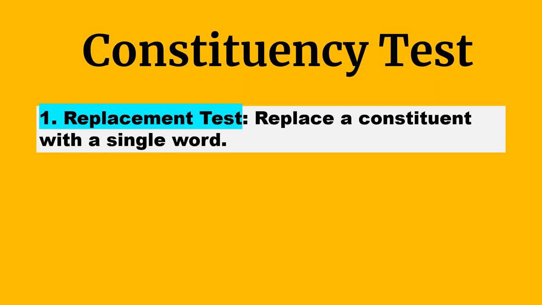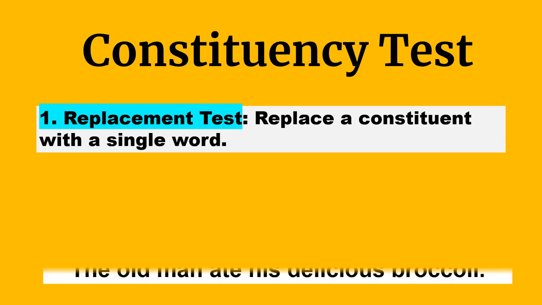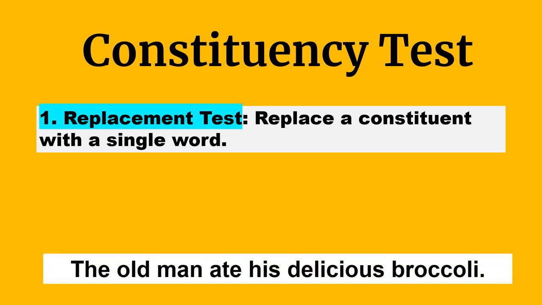With this test, we replace a constituent with a single word in the same category, and typically this is used for noun phrases. Let's take this example: the old man ate his delicious broccoli. The noun phrases are the old man and his delicious broccoli.